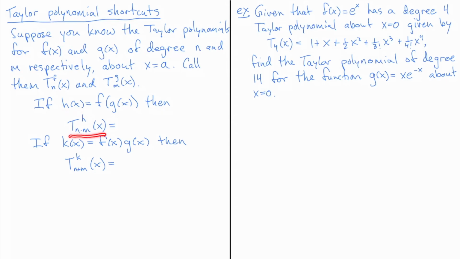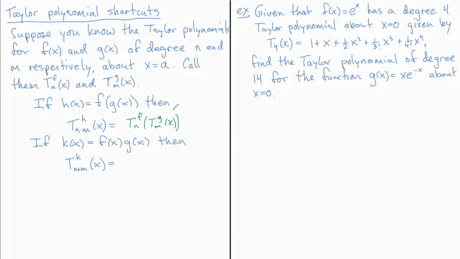Instead of taking derivatives of the composition function, we can take the two Taylor series and just write down the Taylor series for f of degree n composed with the Taylor series of g of degree m.